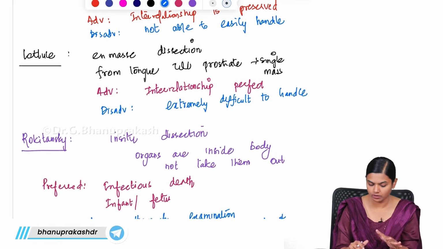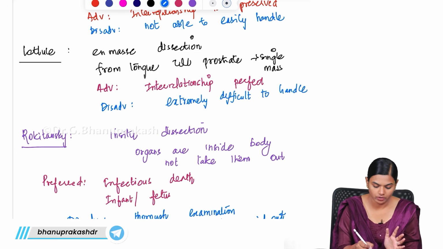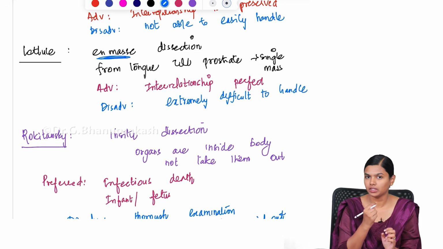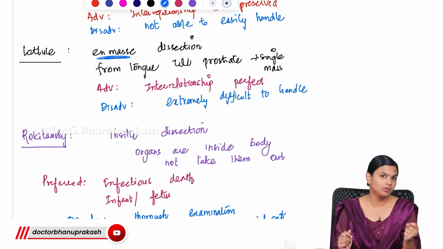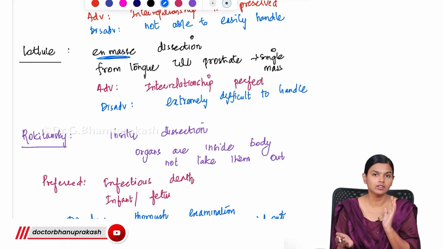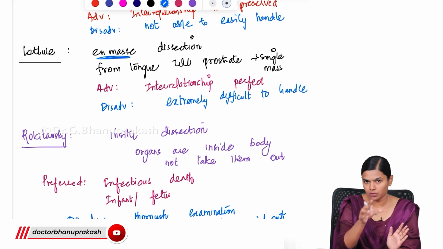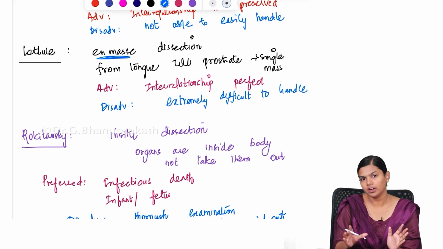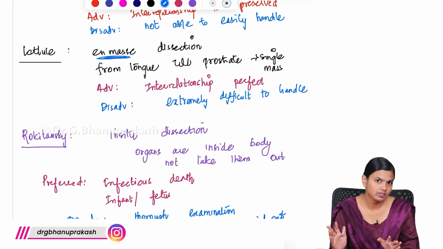Up next what we have is the Letulle's technique. Letulle, what you will do is, it is an en masse dissection. We call it as en masse dissection because we are taking out from tongue to the prostate. The whole bunch, everything will be stripped away from the body, and you will have a single bunch with having all the organs, your thoracic organs, abdominal organs and all the pelvic organs, everything will be taken out as a single mass, and it will have a perfect interrelationship.